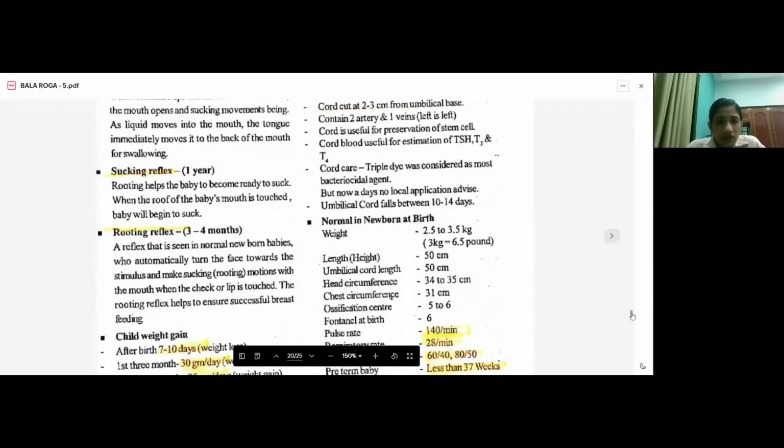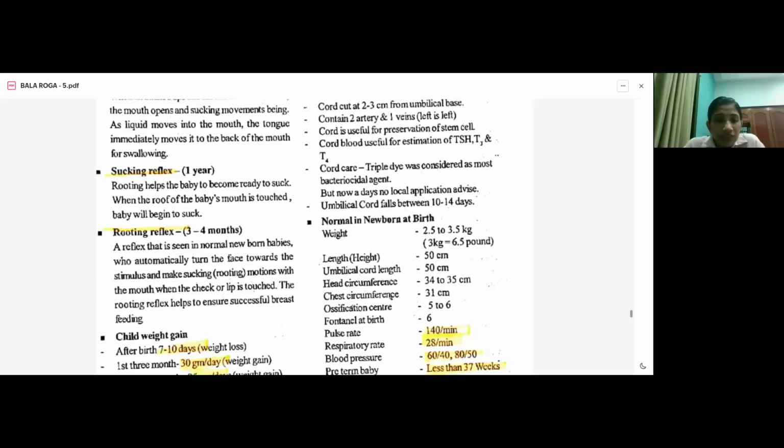And coming to the sucking reflex, which is very important, it is present up to 1 year. While rooting helps the baby to become ready to suck. When we touch the roof of the baby's mouth, he will begin to suck. Okay, this is the sucking reflex. And the rooting reflex is present from 3 to 4 months only. So it is seen in normal babies.